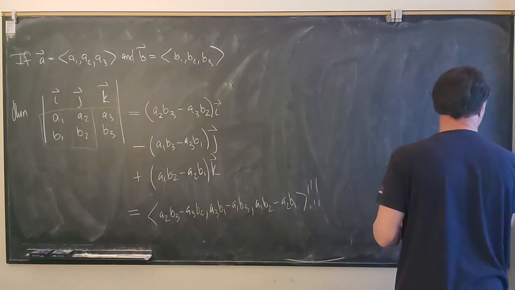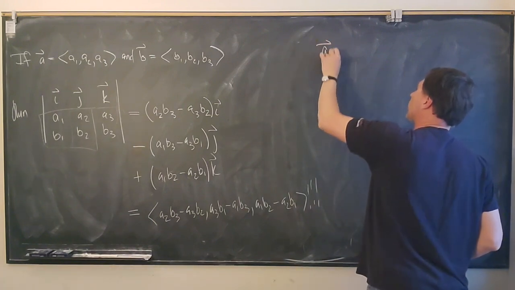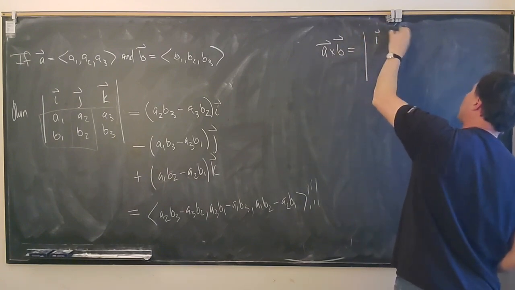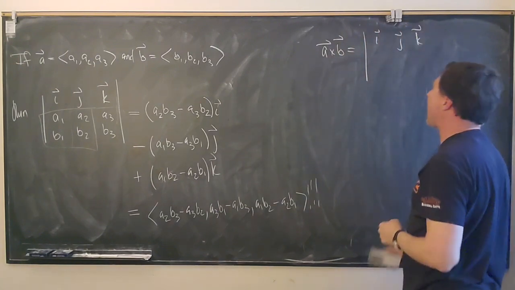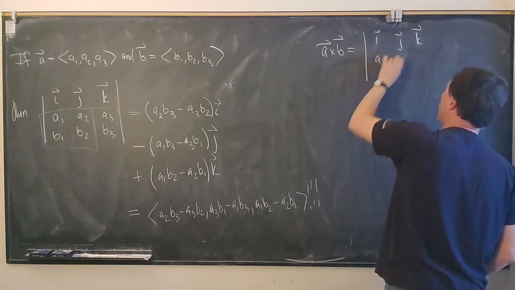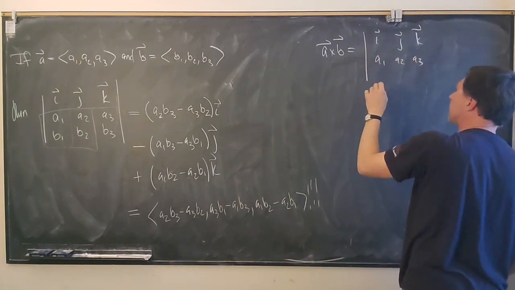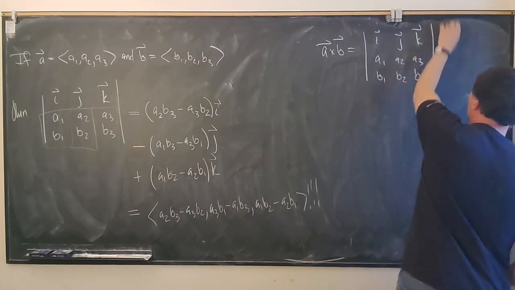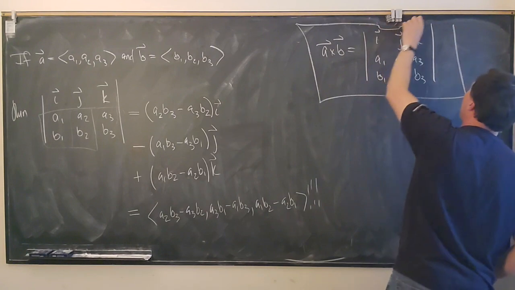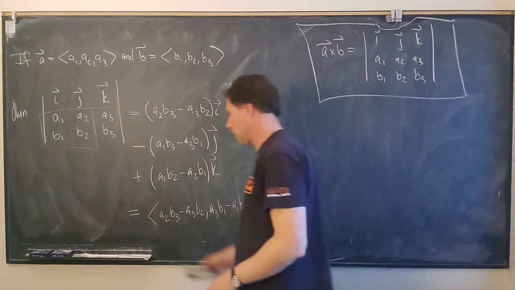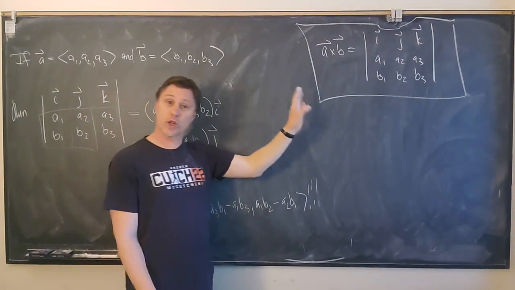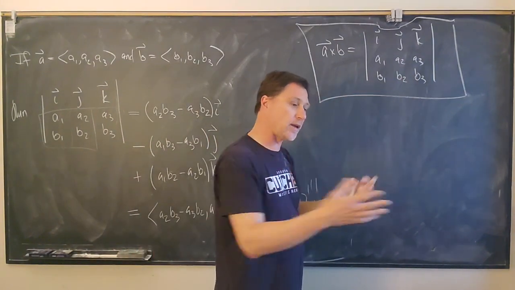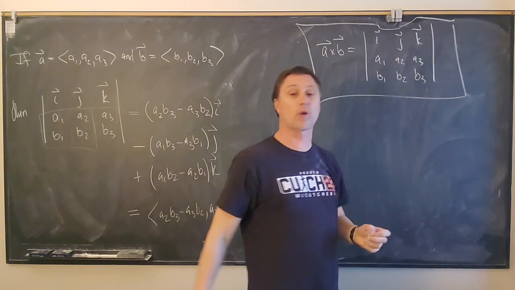What we have then is that A cross B is equal to the determinant of the 3 by 3 you get from putting I, J, K in the top, A1, A2, A3 in the second row, and B1, B2, B3 in the third row. And so this is why I've never memorized the formula for a cross product, because I can compute a determinant very quickly, very easily, and so I use this determinant formula. I know the determinant formula, and that allows me to compute cross products.